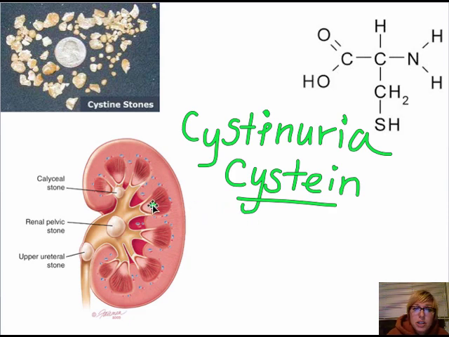So you get an accumulation of cysteine within the kidneys. And that's a bummer because when cysteine accumulates and hangs out for a while, it forms a crystalline stone, and you get what's called cystine stones. If you've ever talked to anybody who's had a kidney stone, they'll tell you it's one of the most painful things they've ever experienced. So this is not a genetic disorder that you want to have.